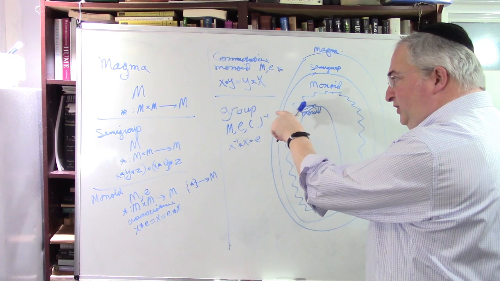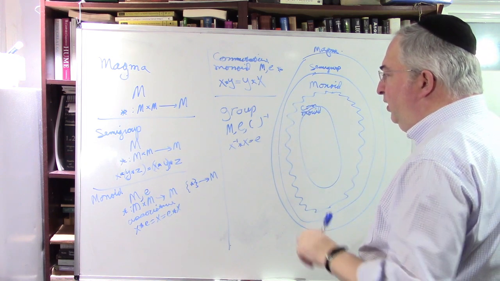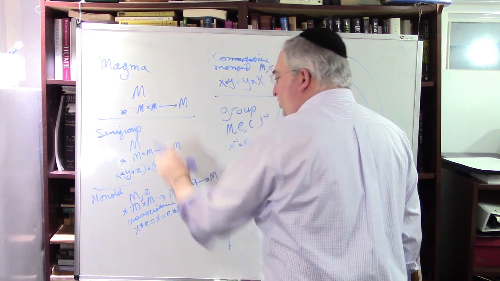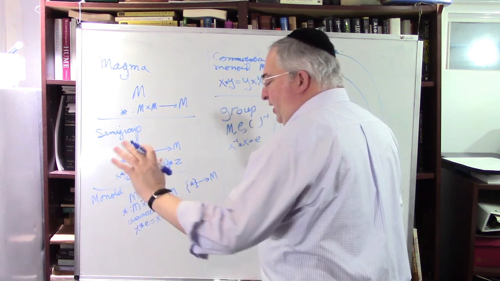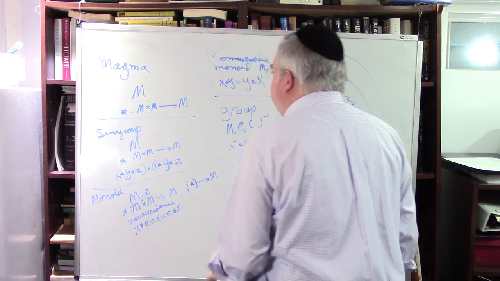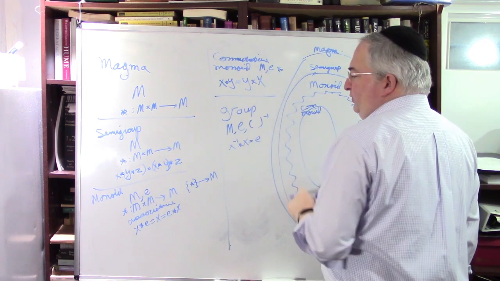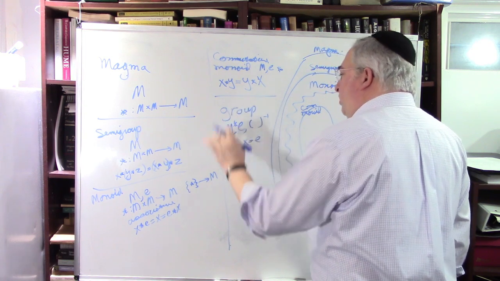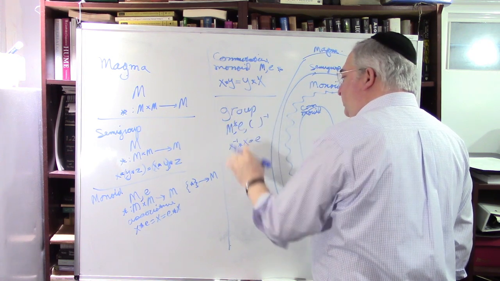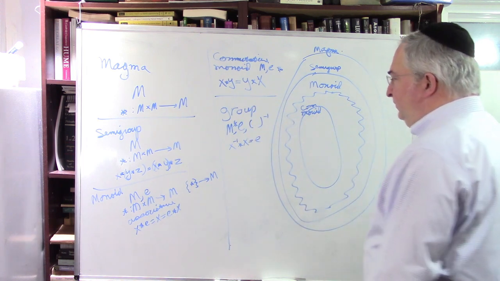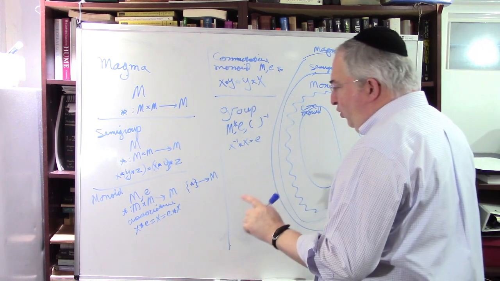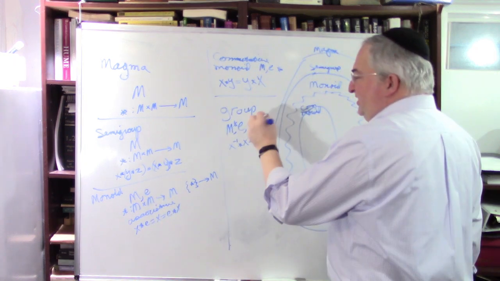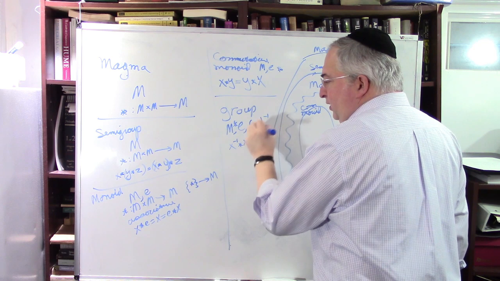We saw this at the end of section 1.4, what's a group, but now we're seeing it from this point of view. It's an associative operation with an identity and with an inverse. So it's a set with an operation, with an identity, with an inverse.